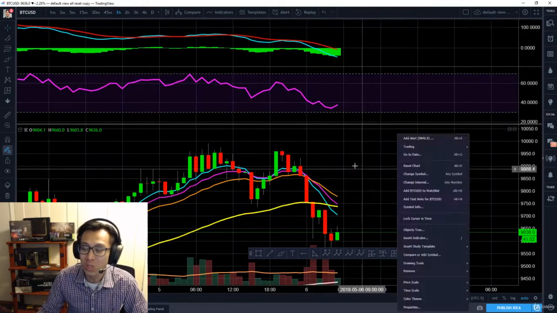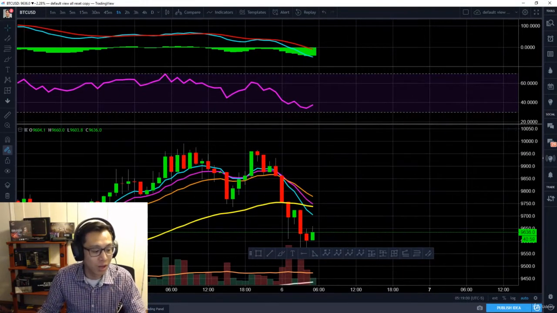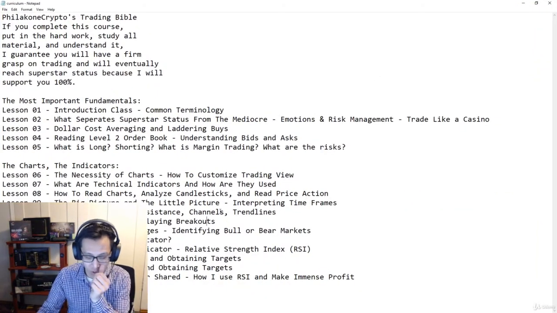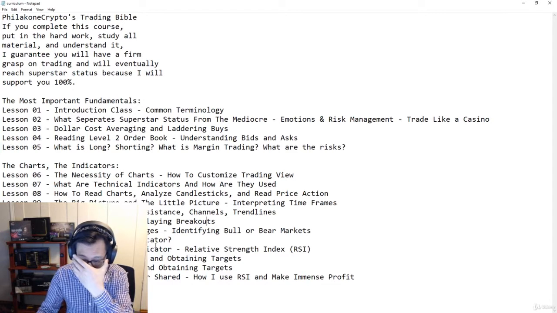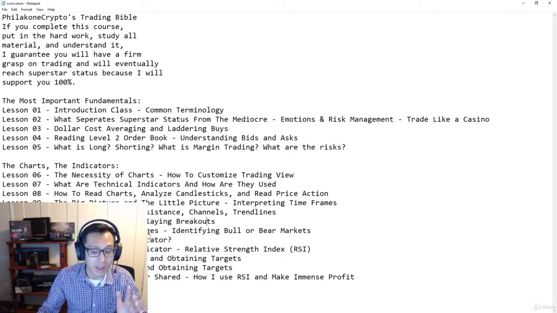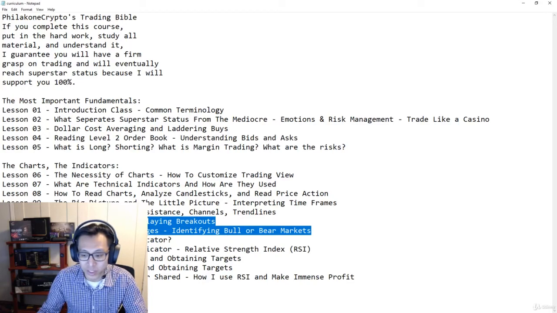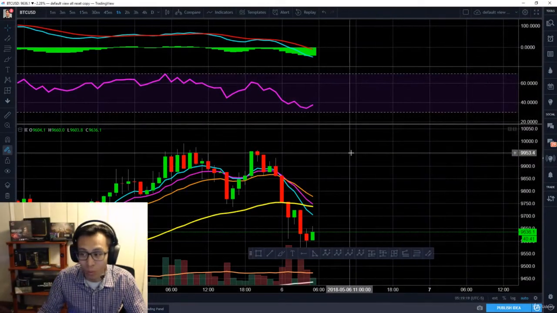So what this refers to, which we're going to go over in very high detail, if you guys just take a look at here, this is just more so an introduction class. Lesson 13 is what is the moving average indicator? And we're going to go over that in very, very high detail because we need to go over moving averages before you guys have an idea on what this is.